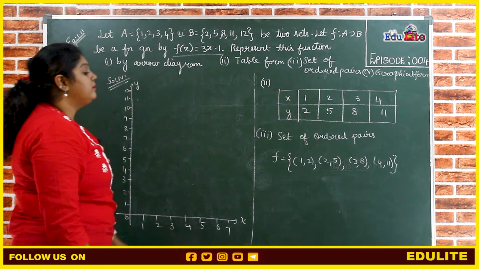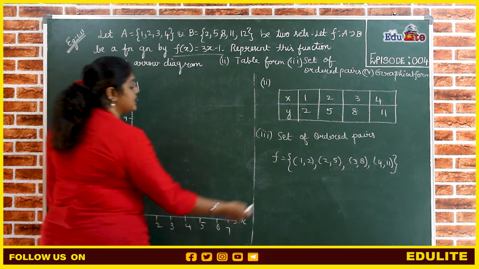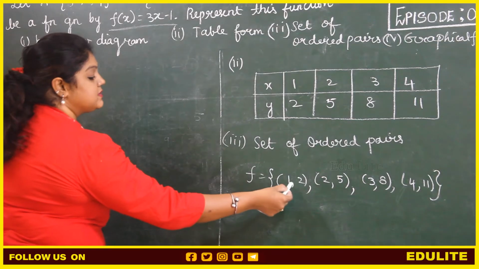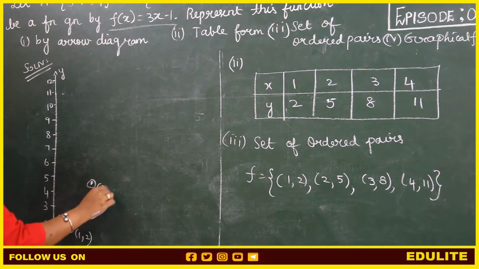Now we have to map according to the function we found. 1 from x is mapped to 2 in y. So along the x axis it is 1 and along the y axis it is 2. So we plot the point at (1, 2). The second point is (2, 5): at x it is 2 and at y it is 5.